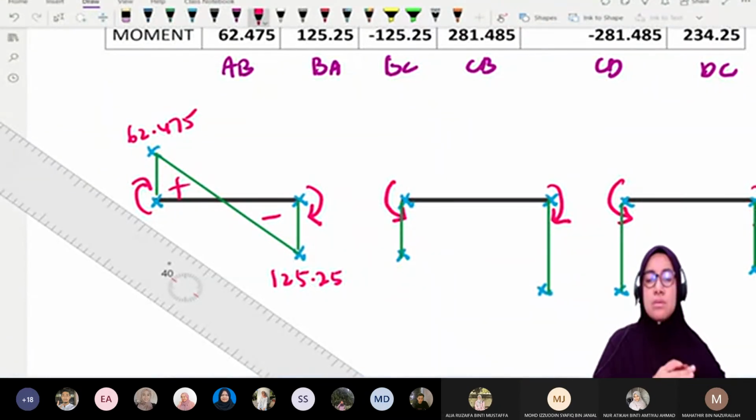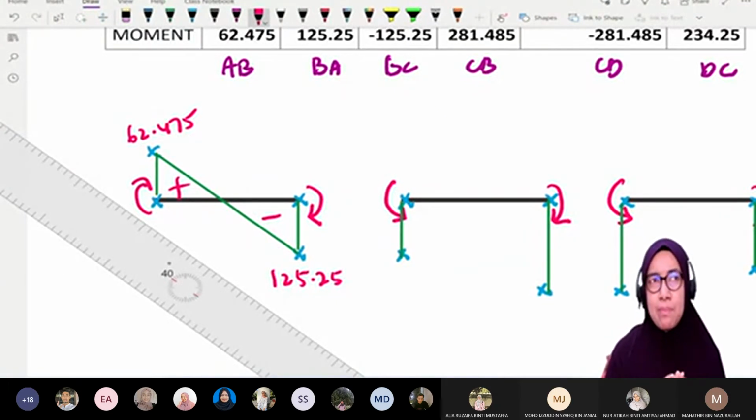So next member BC UDL. Bila UDL ni bending moment diagram dia curve. Okay. Curve. So in order to identify whether the curve has maximum moment or not, yang ni memang you kena analyse beam BC, identify dia punya shear force.